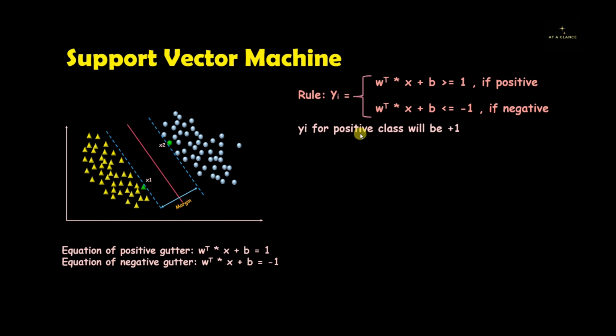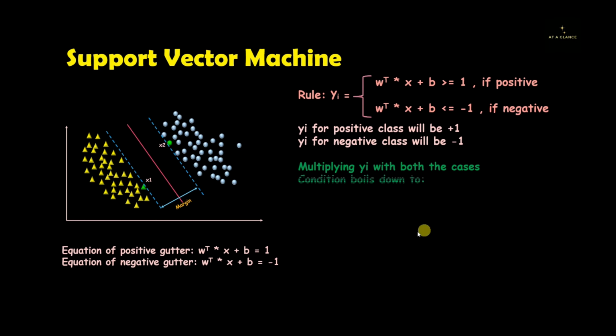So you will get yi, that means the prediction value, as plus 1 for a positive class, and for a negative class you will get the prediction value as minus 1. So if you get plus 1 as the prediction value, the data point will fall under the positive class, otherwise in the negative class. Now we want these two conditions to be a single condition. We can boil these two conditions down into one by multiplying the prediction value y of i for both the cases.